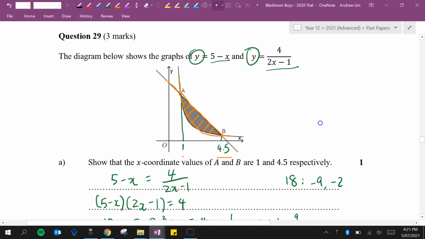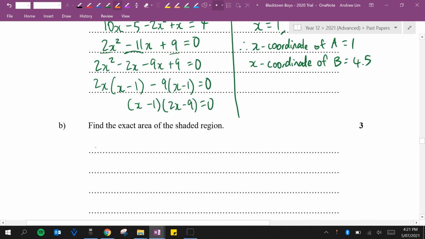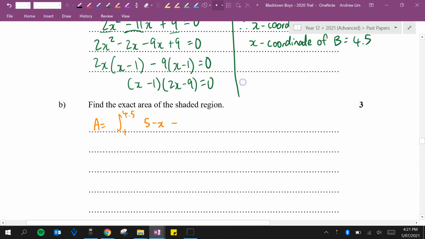So the top curve is 5 minus x, and we're going to subtract this one. So area is equal to the integral from 1 to 4.5 of the top curve, which is 5 minus x, and we are going to subtract 4 over 2x minus 1 dx.